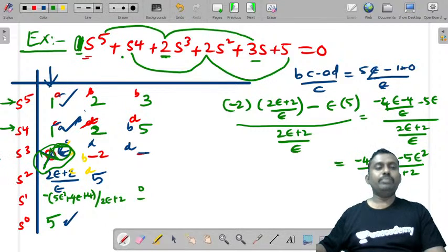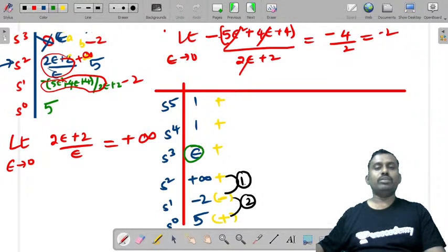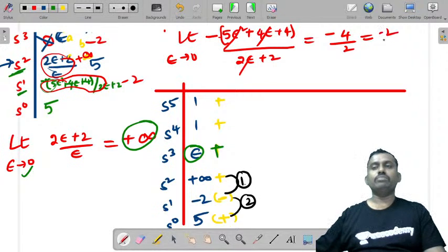Then we apply the limit to all this. Because epsilon is already considered to be a positive number, you need not worry about it, so you'll always take this as positive. We applied the limit and got the value as minus infinity for the s square coefficient, and for the s power 1 coefficient we have got minus 2.